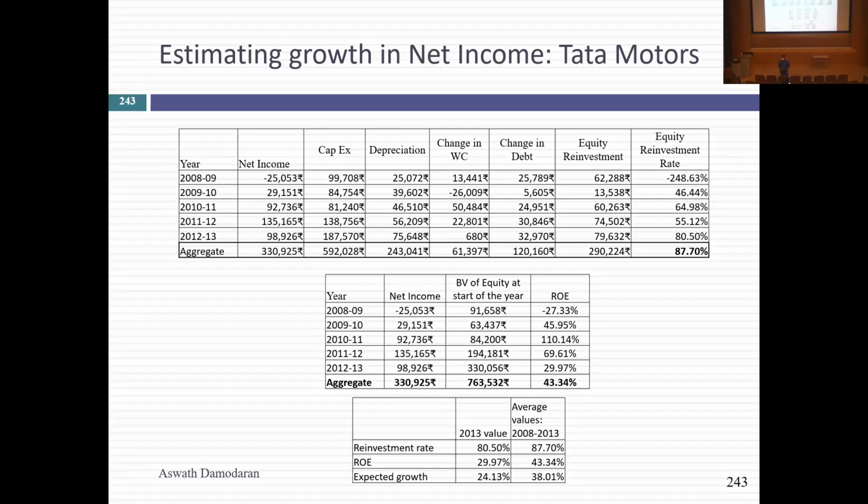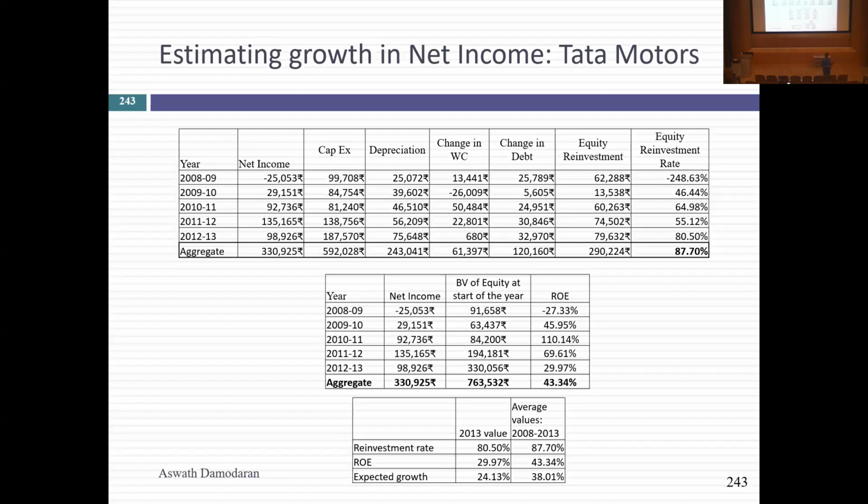And what other choices do I have? If you don't trust your company's own numbers for return on equity and retention ratio, it's an automobile company. What could I look at to get a sense of returns on equity and retention ratio? I could look at industry averages. There's a reason I built those industry average worksheets into your valuation spreadsheet. I can actually pull up what the numbers look like for automobile companies collectively.